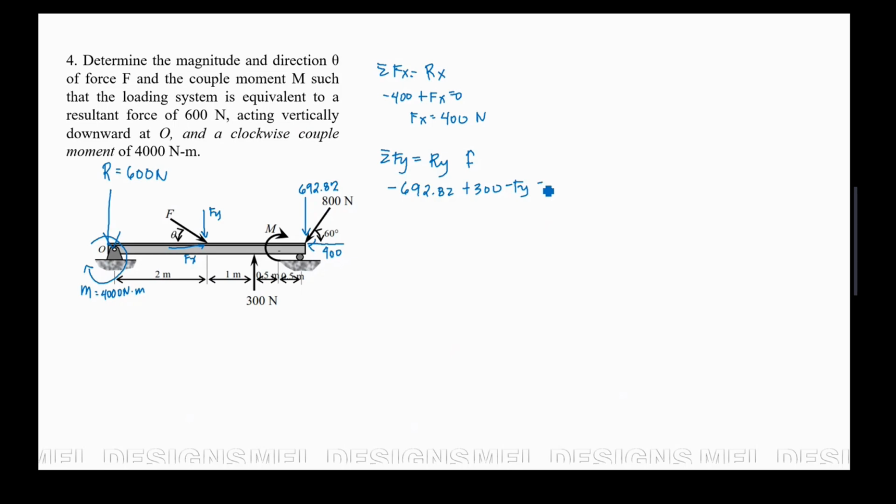The resultant is equal to 600 Newton, directed downward, so negative. Therefore, Fy is equal to 207.80 Newton.